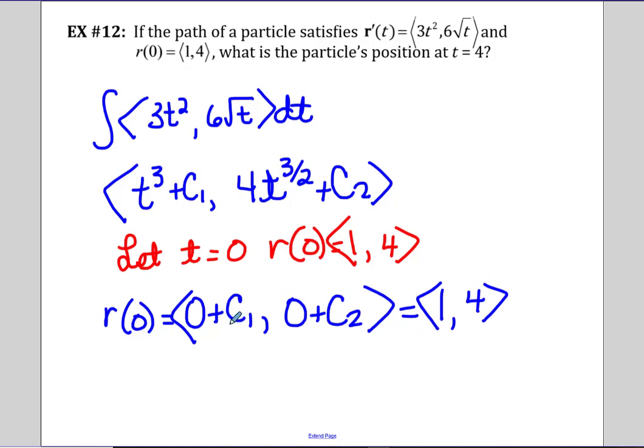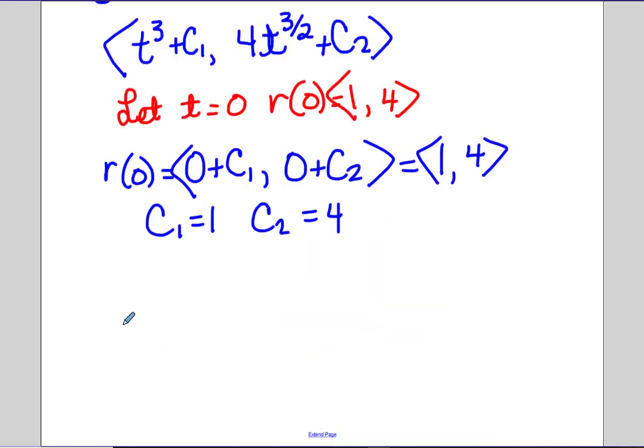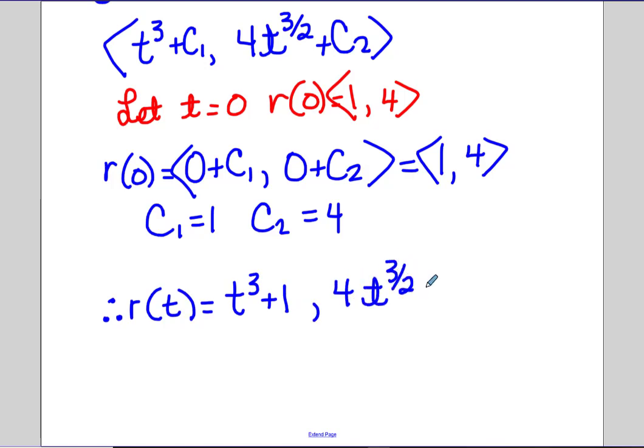So that tells me my c sub 1 is 1 and our c sub 2 is 4. So our r of t is going to be t cubed plus 1 and 4t to the 3/2 plus 4.